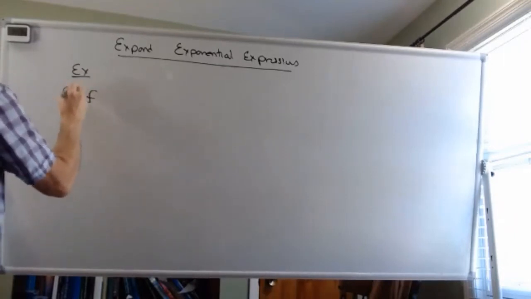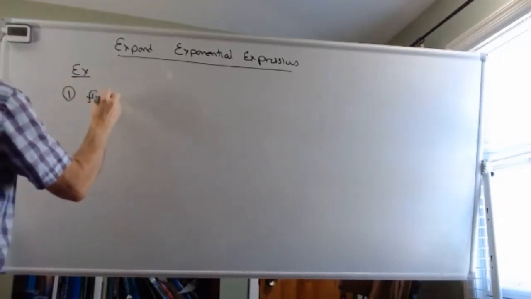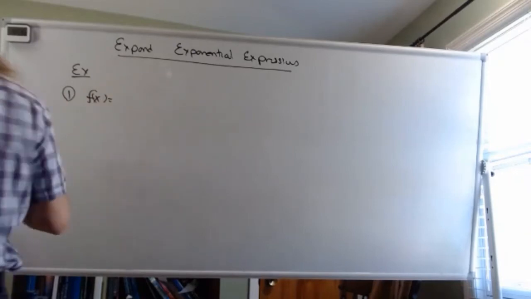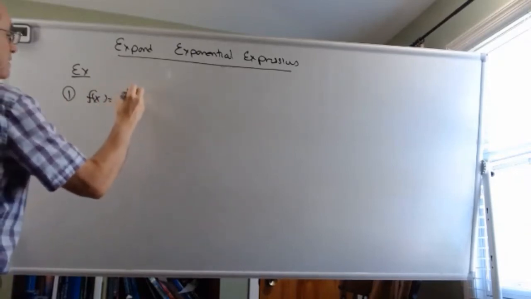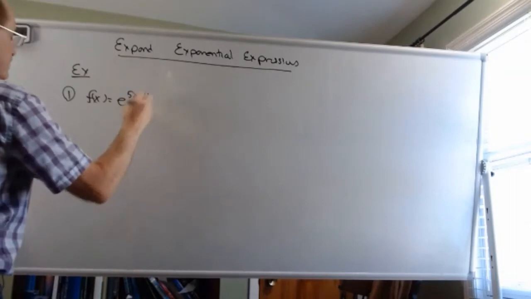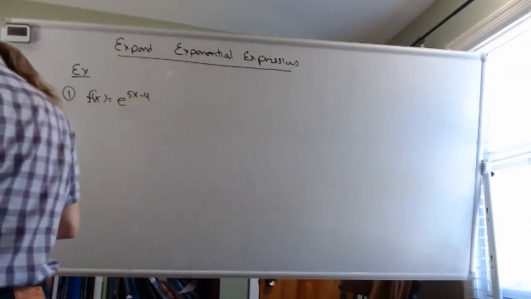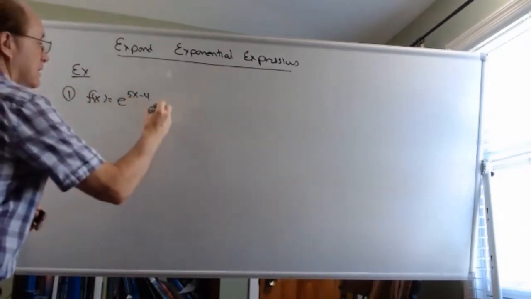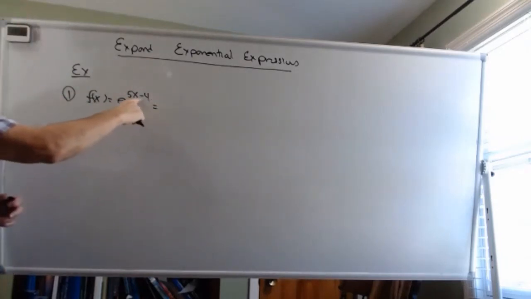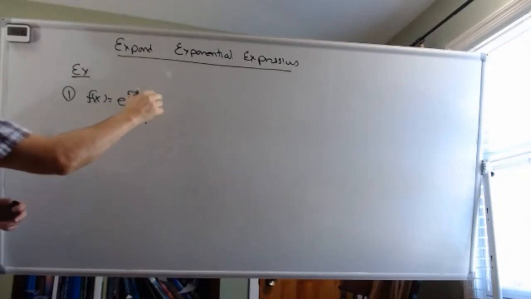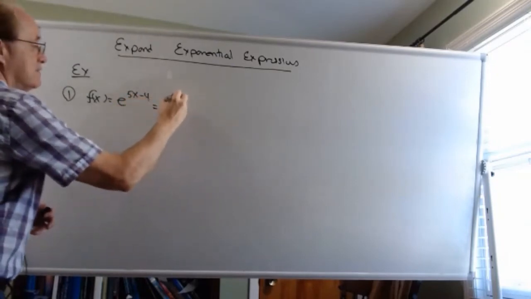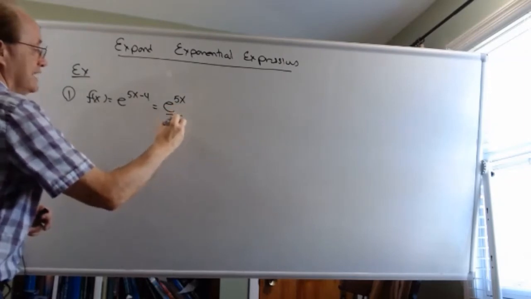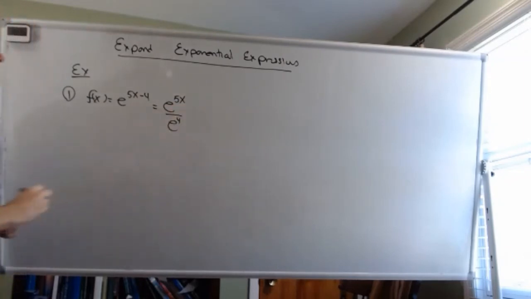So here's f of x, I'll make some up off the top of my head, e to the 5x minus 4. Now I'd like to expand this all out to just having e to the x in the argument. First thing I can do is, that's e to the a minus b, so I can write it as e to the 5x over e to the 4.